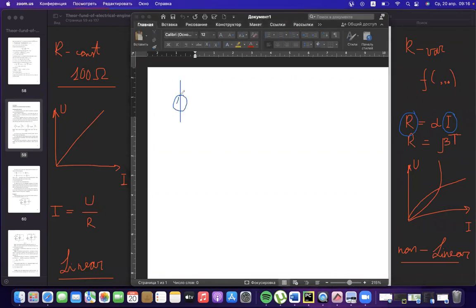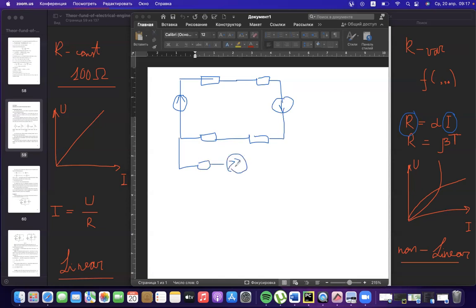If you have a circle with a couple of sources, then your sources work independently. And instead of a complex circle with lots of sources, you could calculate a couple of simple circles in which only one source is present. For example, you have some system with two electromotive forces and one current source.